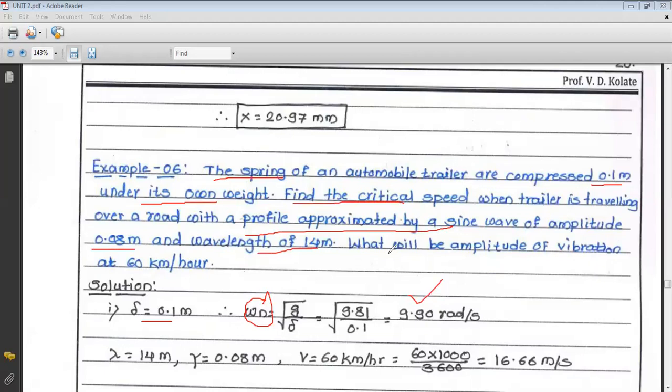Now what will be the amplitude of vibration when the vehicle is traveled at 60 km per hour? So that velocity is given as 60. So 60 into 5 by 18, in meter per second, that is 16.66.